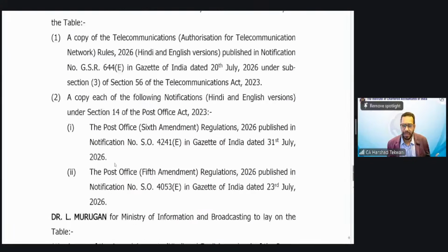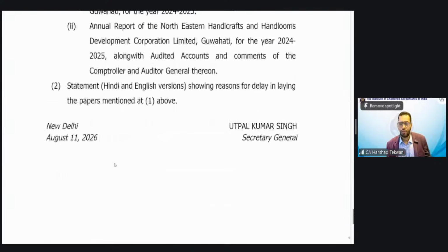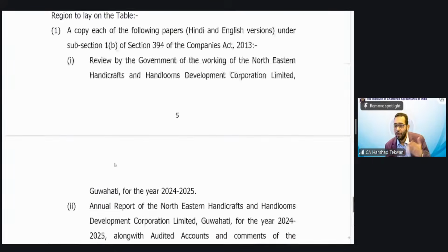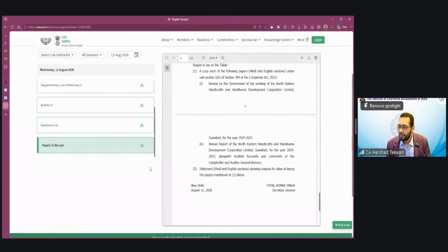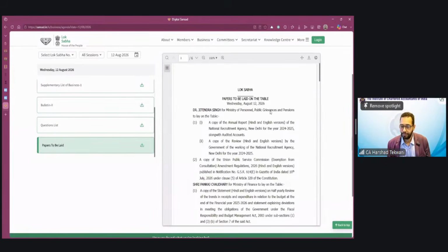Similarly, there are different reports being placed, annual accounts, audit reports, everything, and through that the public at large are the intended users who will get these reports. These are the papers to be laid, and I'm talking about today's papers. So that is what I mean by intended users.